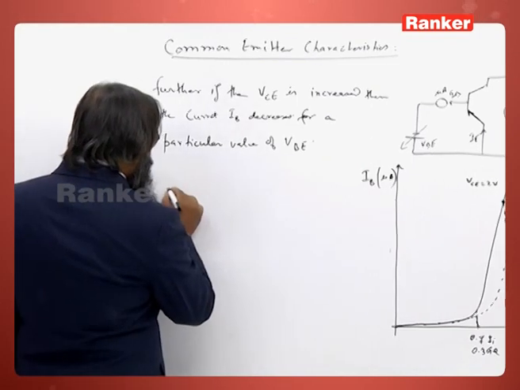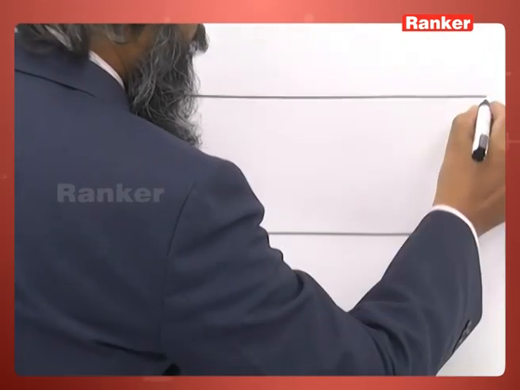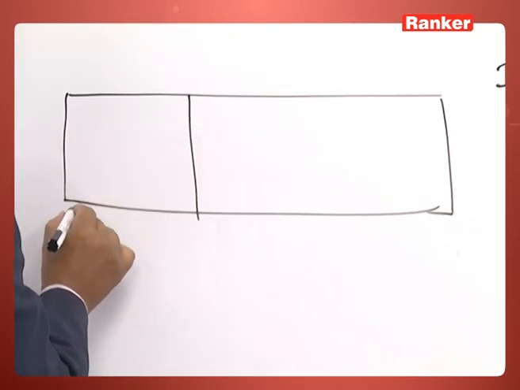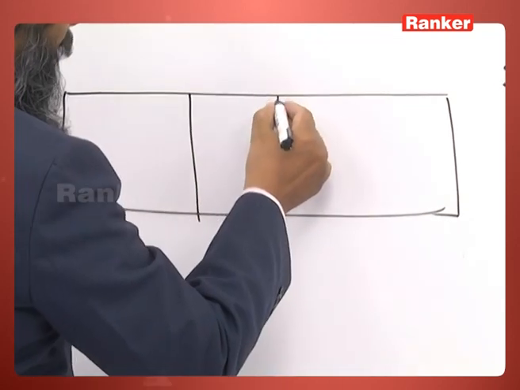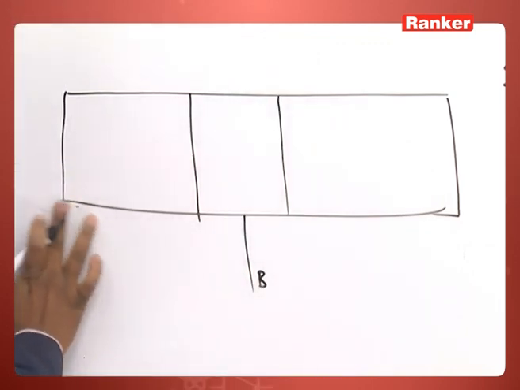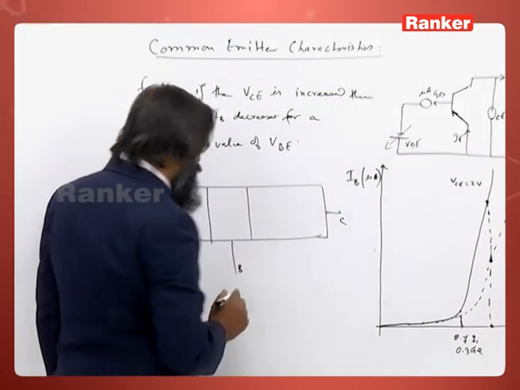So, you see this is my transistor, this is suppose the P side, this is my base. Do not write P side or N side, let it be emitter, base and collector.